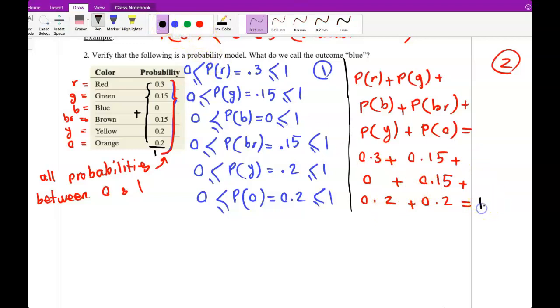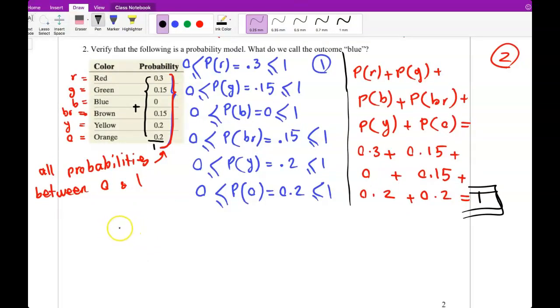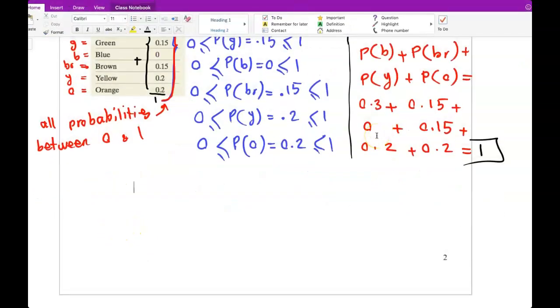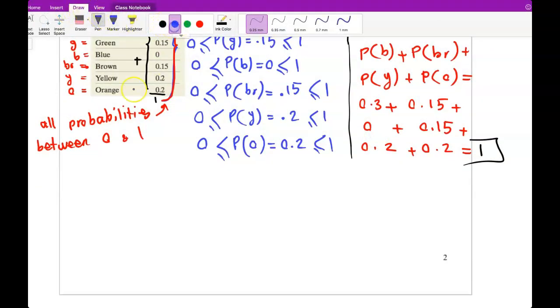So this is equal to 1. What this means, based on the first and second rule, is that we have a probability model. So here rule 1 and rule 2 are satisfied.